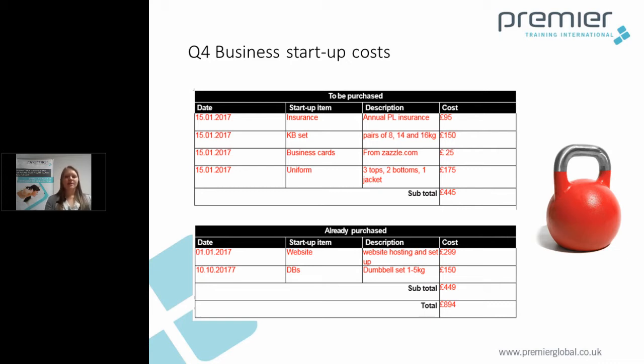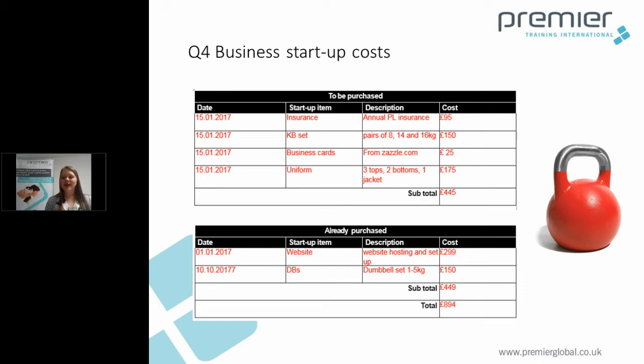At the top, first of all, it runs through items to be purchased. So these are things that haven't been bought yet, but you will buy prior to day one of starting trading. Examples here given are insurance, kettlebells, business cards, and uniform. Please make sure the costings are realistic, so you may need to do some research to check those out. The person here as well has already made 2 purchases. They have already purchased a website and some dumbbells, which have come in at £449.